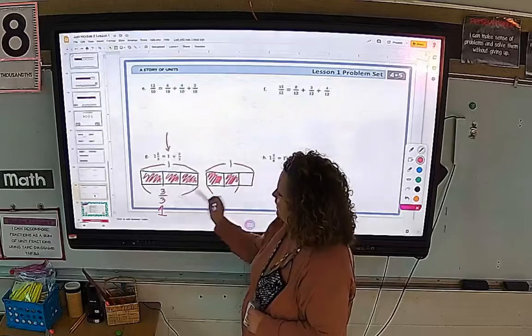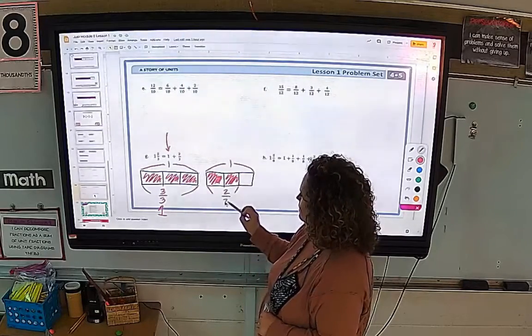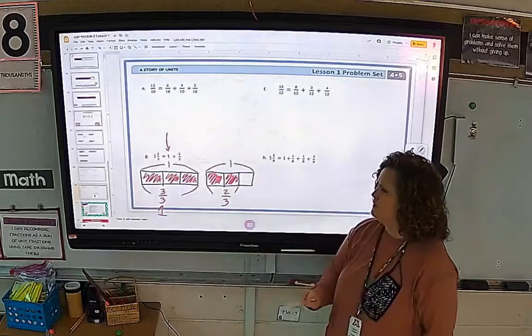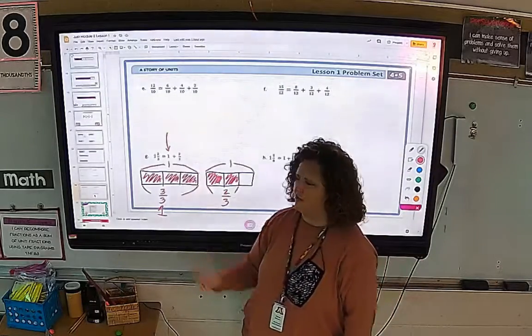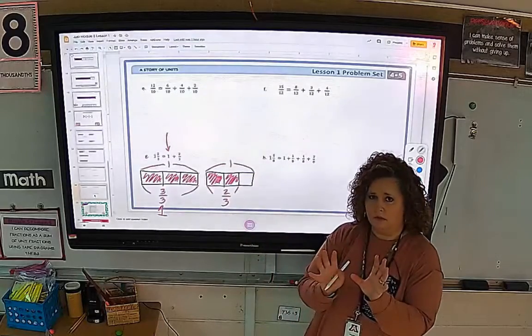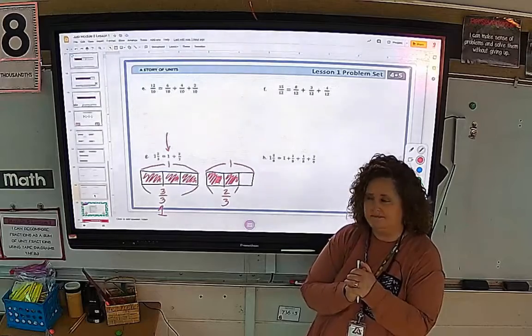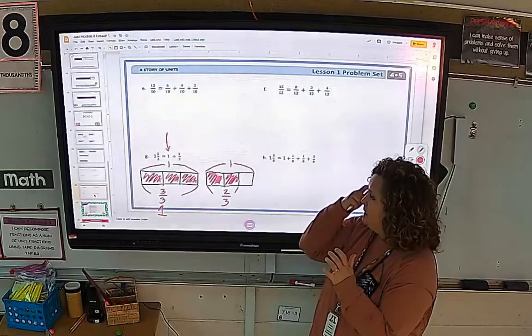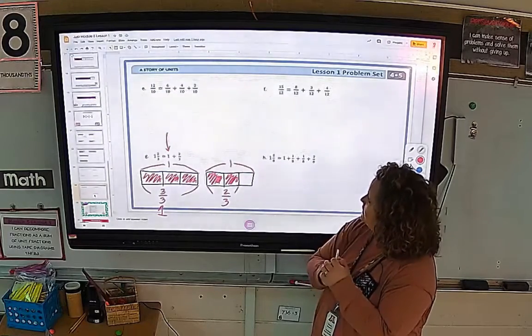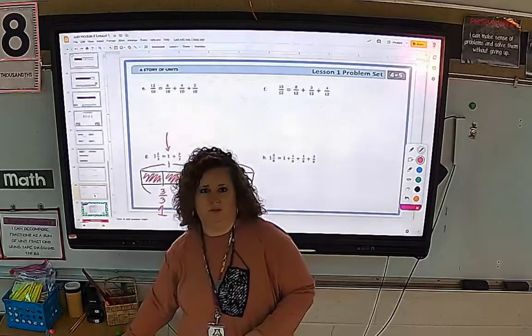That's what we're showing right here. And then here you have the 2/3, which we would show right there. So this might look complicated at first, and it's really not. We're just showing it with 2 separate tape diagrams side by side. Okay. All right. So that's another way to show that.